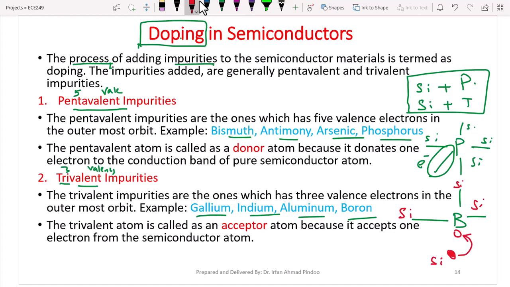So the alternate name of pentavalent impurity is donor. Why is it called donor? Because it has extra electrons, so it can donate that electron for conduction. And trivalent impurities are also called acceptors. Why acceptor? Because it can accept an electron because of the vacancy that is available in the boron.